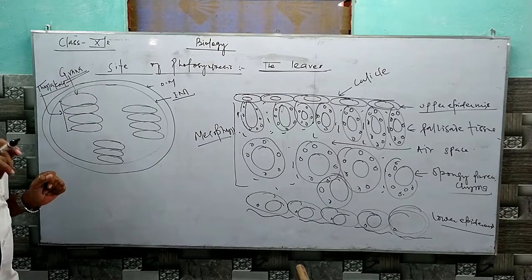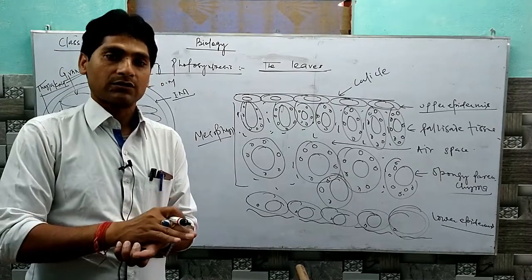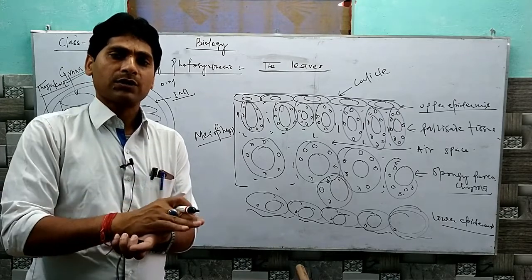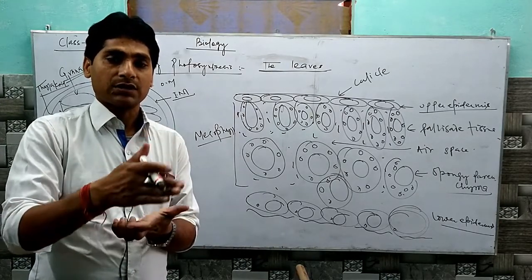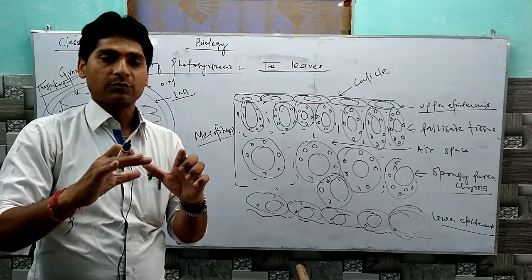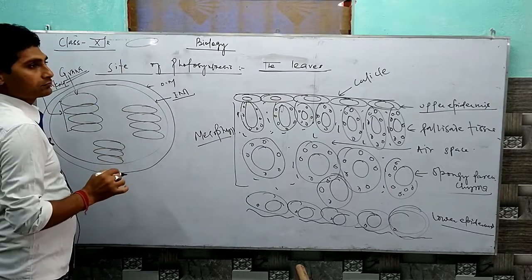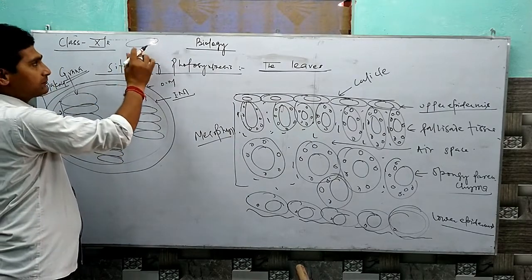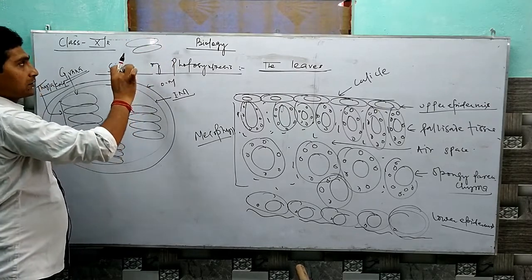What is the difference between thylakoid and grana? The thylakoids are the stacks of grana. When a number of grana lie one upon another, the stack formed is called thylakoid. This is a granum, and together they are grana.